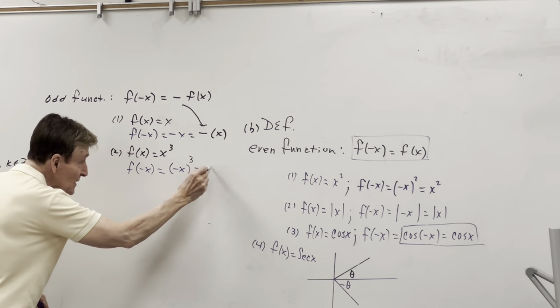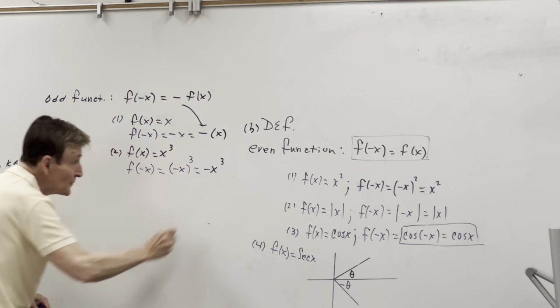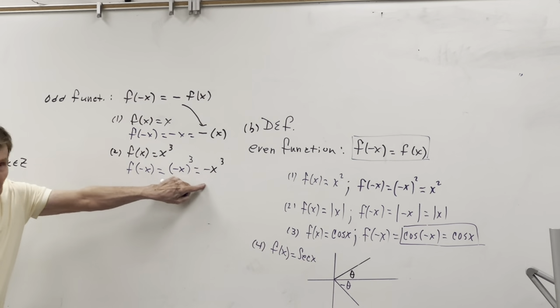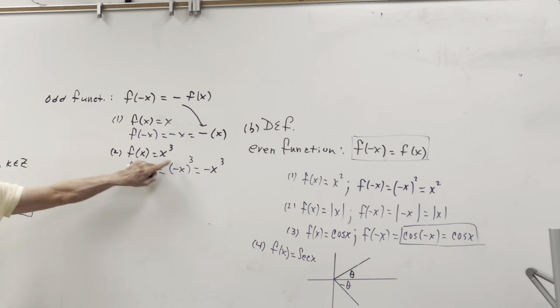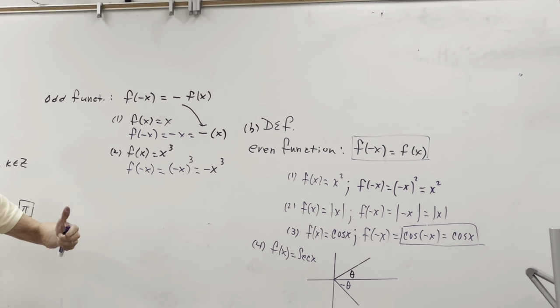If I cube it, I get this. Now, is that answer the opposite of what she gave me originally? If it's the opposite, it's an odd function. So x cubed, x to the fifth, x to the seventh, all those are odd.